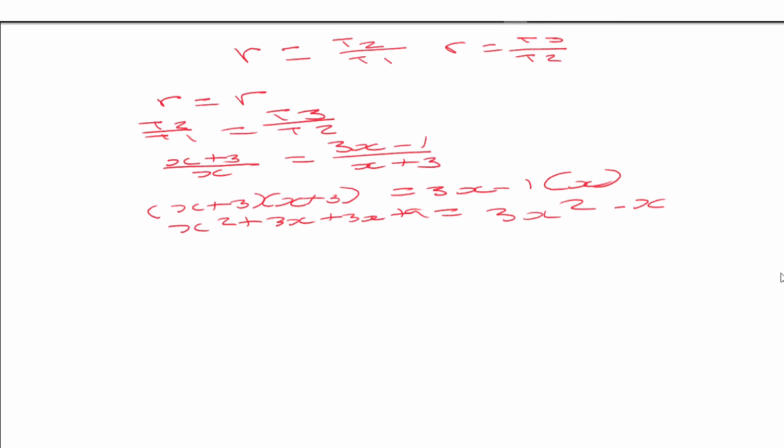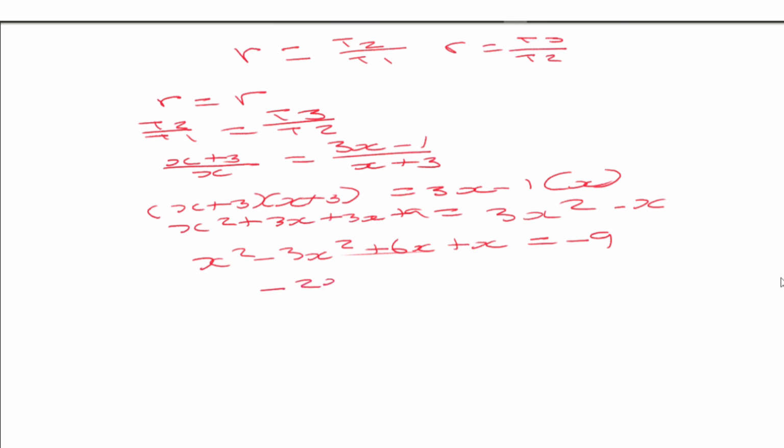I want to put the numbers on one side and x on the other side. So I'm going to say x squared minus 3x squared, and I'm going to add these two terms, which is plus 6x, with that term, plus x, which is going to be equal to minus 9.